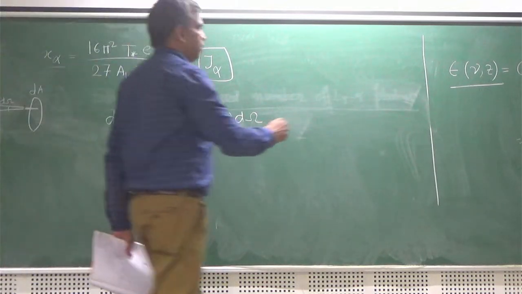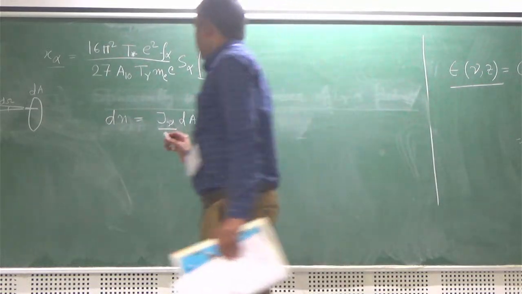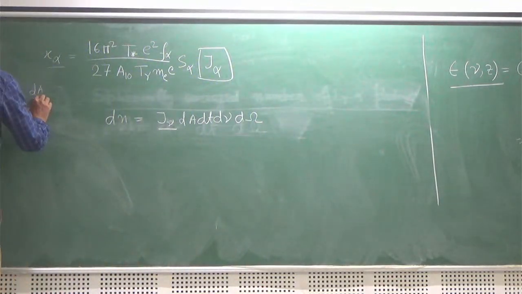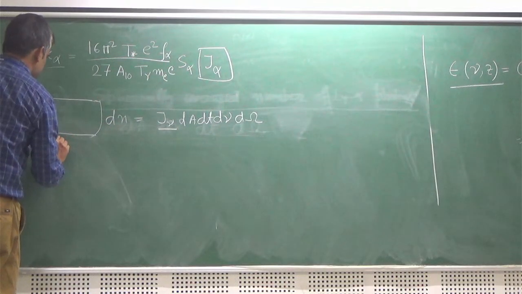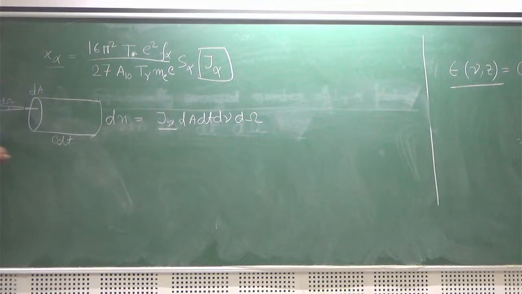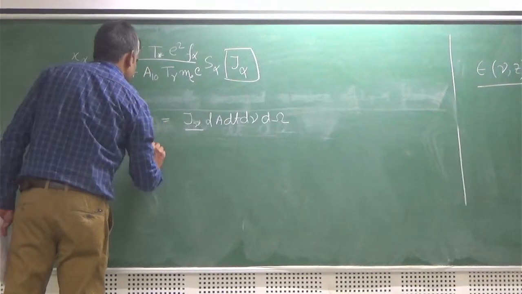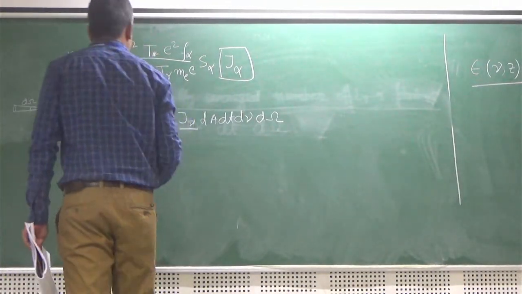Now, if we consider this, a photon in time dt will cross some length. It is just c dt. In time dt, it will cross a path of c dt. Now, in time dt, how many photons will be added? There is this dN, let's say.